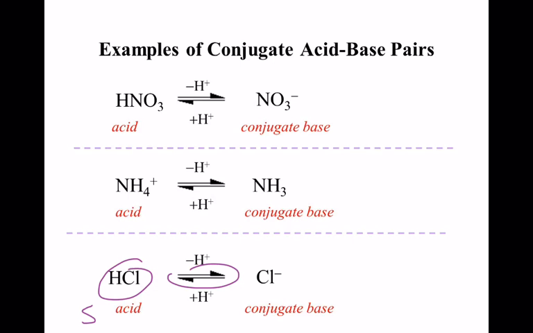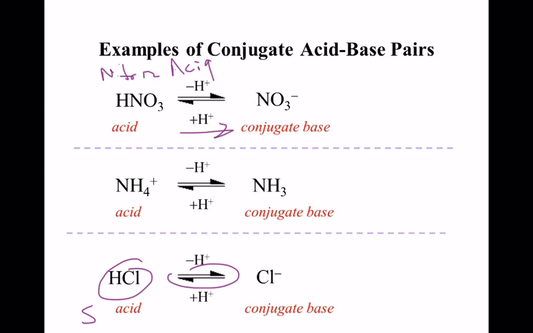And actually this one you might recognize as nitric acid, and one that you need to recognize is a one-way arrow. Well, I guess it makes sense because there's no hydrogen in the conjugate, so it can't go back. Well, it could grab on to a hydrogen if it's in water.